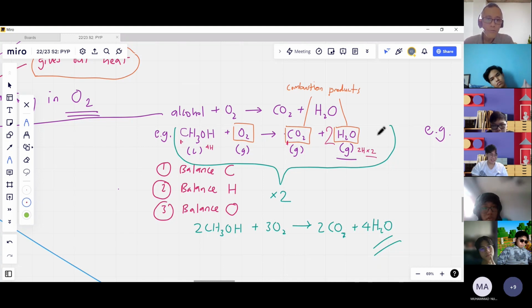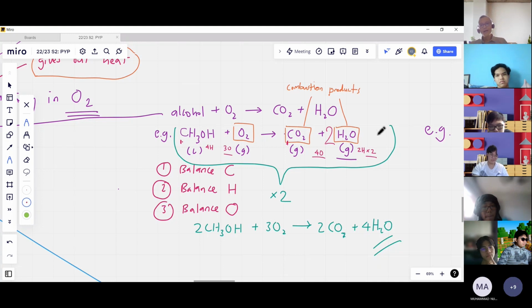How many do I have? 1, 2, and 3 on this side. On the other side, 1, 2, 3, and 4. Remember I multiplied by 2, so I will have 2 oxygen here plus the 2 here. Altogether 4 oxygen versus 3 oxygen.